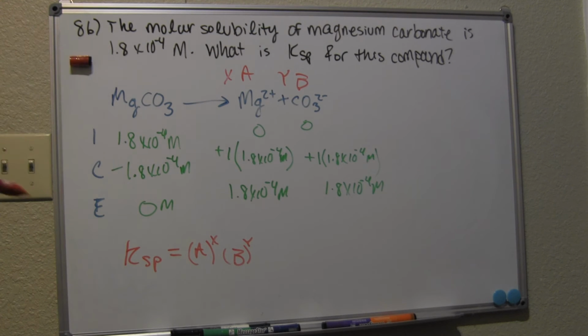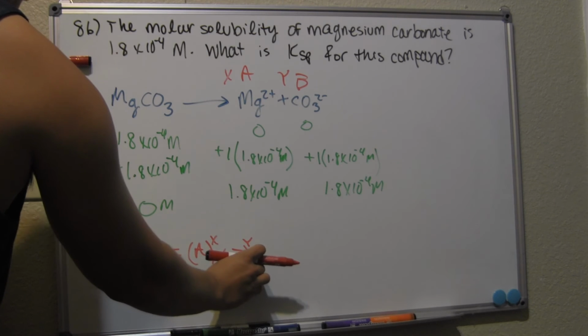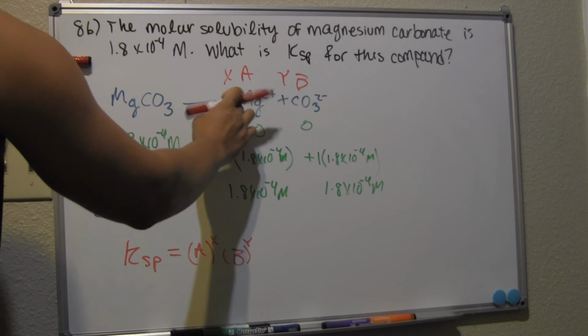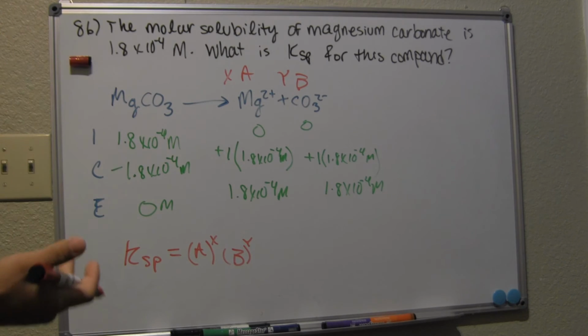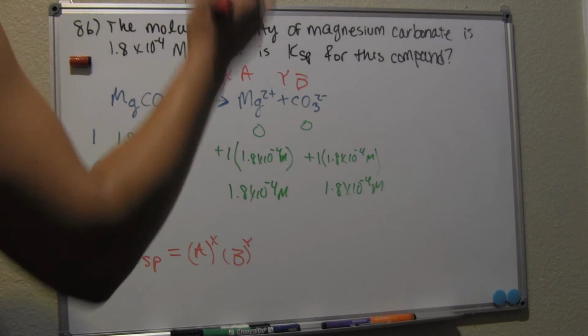In this instance, we have our concentrations, but we don't have a coefficient that matters. It's only 1, so anything to the 1 power is just itself.